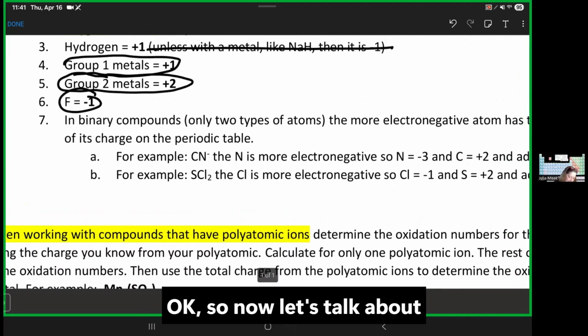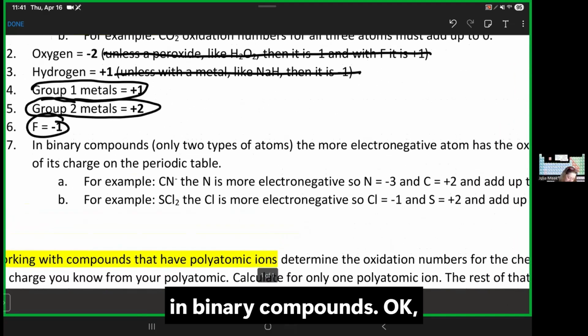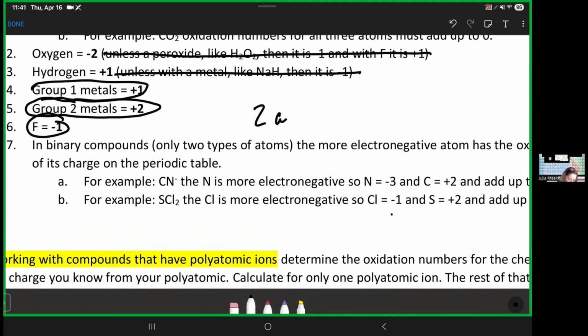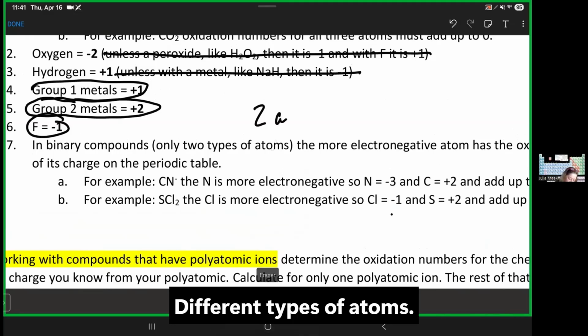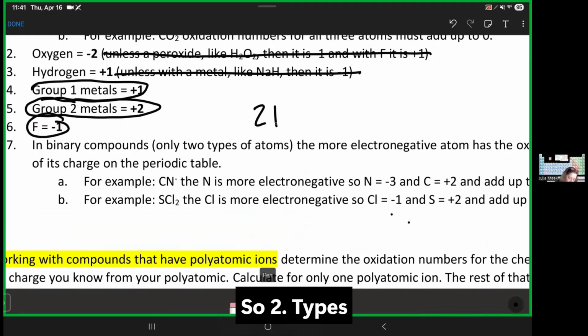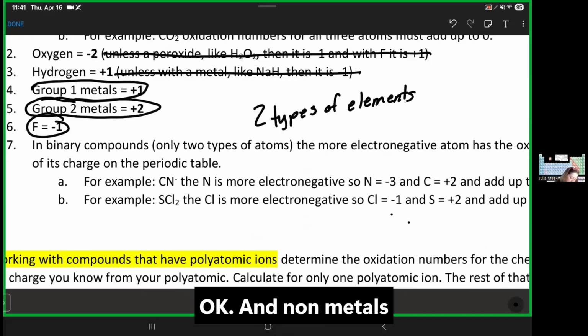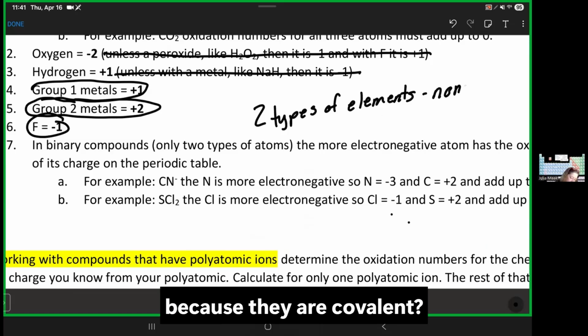Okay, so now let's talk about binary compounds. Binary meaning two different types of atoms, so two types of elements, and nonmetals because they are covalent.